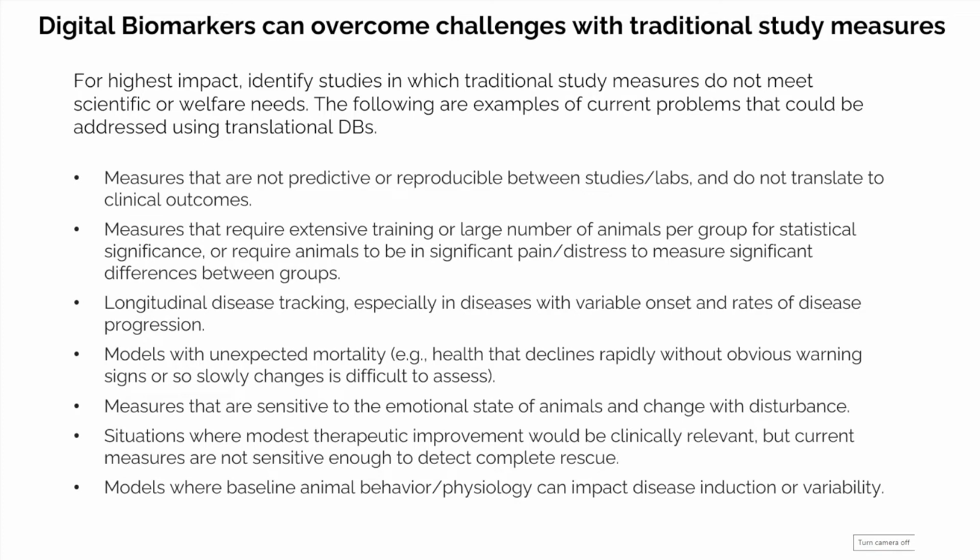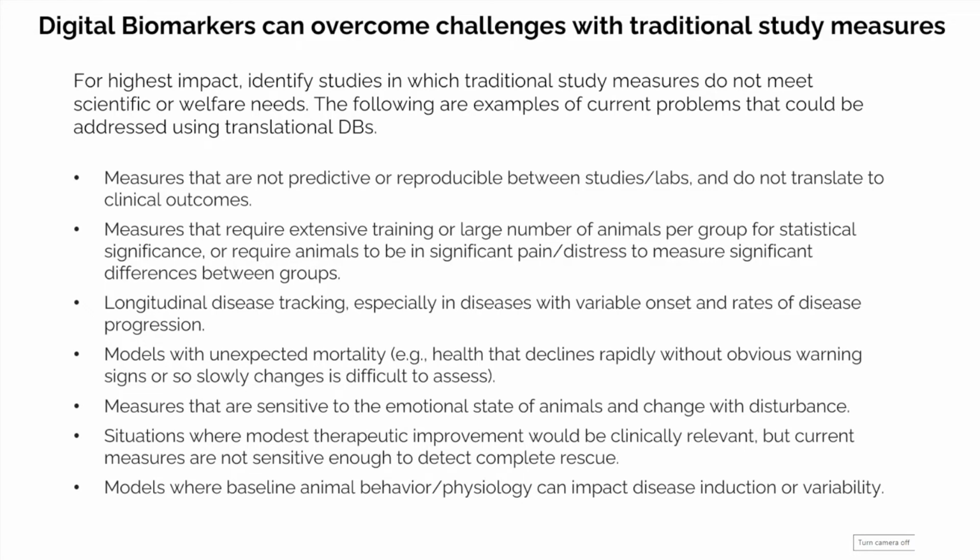And so if you've got animals that are not on a normal circadian rhythm, you may actually get quite different induction if you're looking at immune models. And so these are things to think about, potential questions or challenges that you might have, and how digital biomarkers could potentially help you solve those.